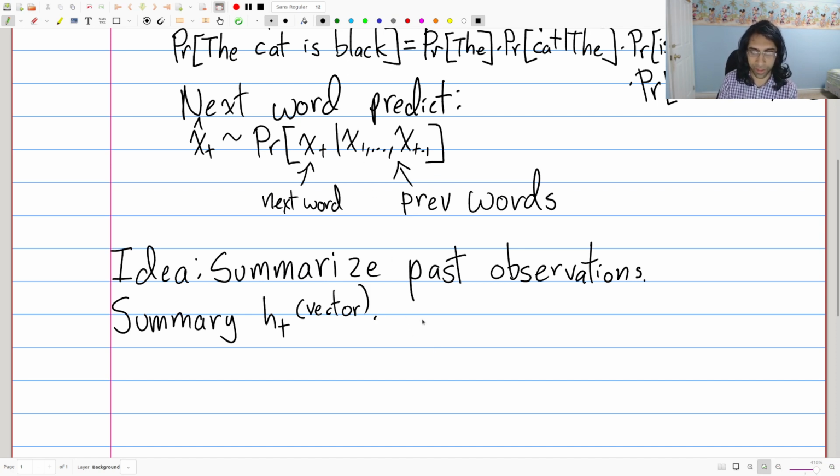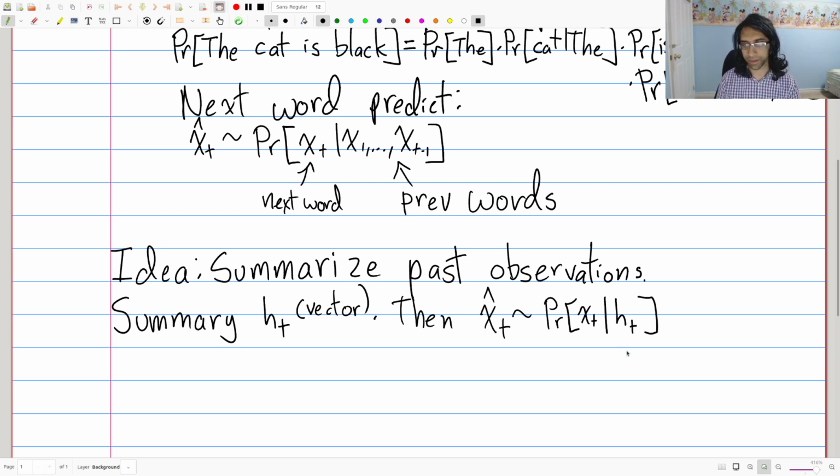So in this example, it would be something like x hat t, which is distributed as the probability of x sub t, conditioned on the realization of the summary vector, or sometimes the hidden vector, the hidden state vector, something like that.